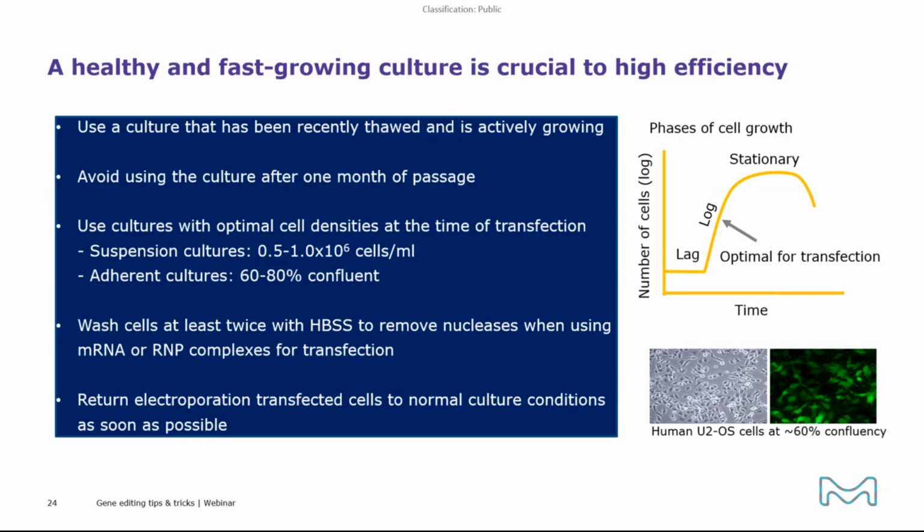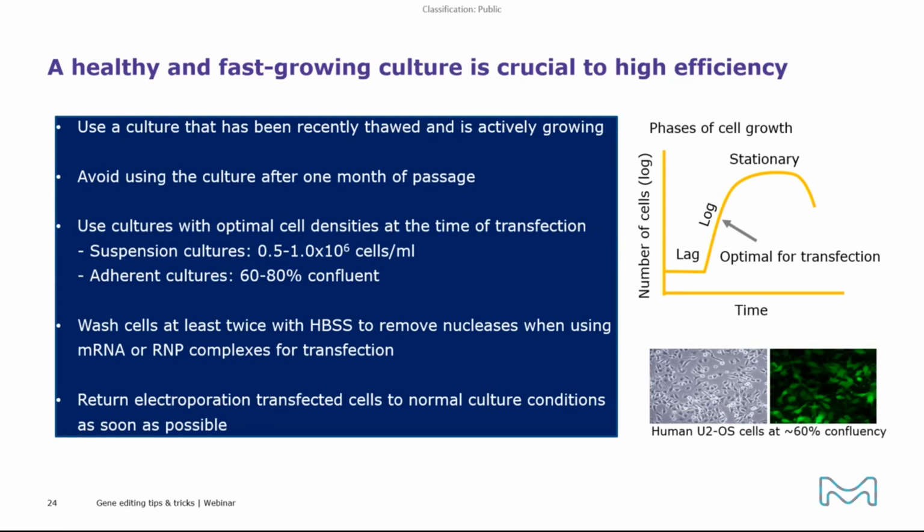Avoid using the culture after 1 month of passage, and harvest the cells for transfection when the culture has an optimal cell density. For suspension culture, the optimal cell density is between 0.5 and 1 million cells per ml. And for adherent culture, it is between 60 and 80% confluent.